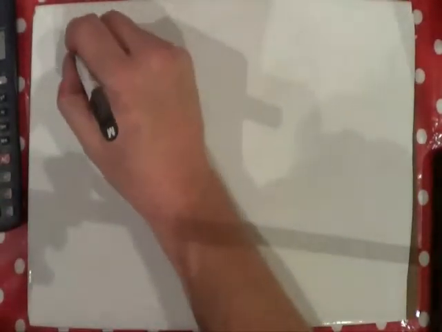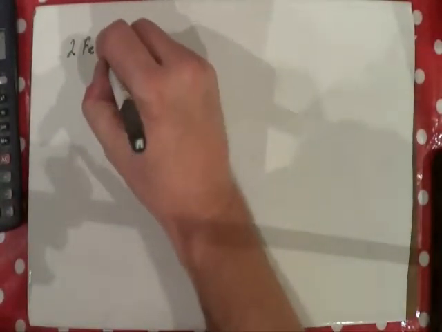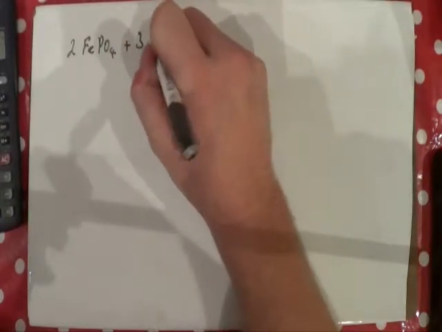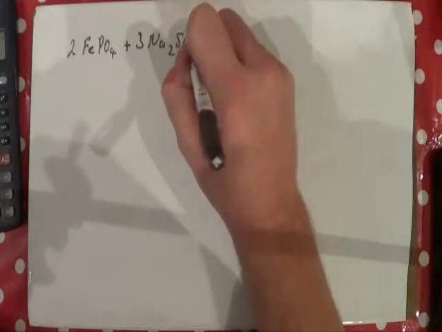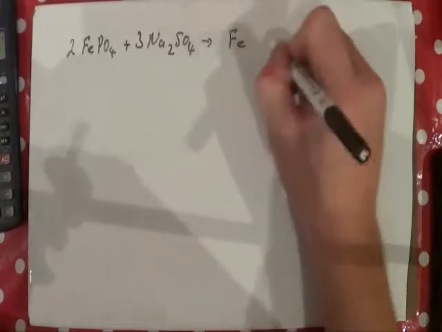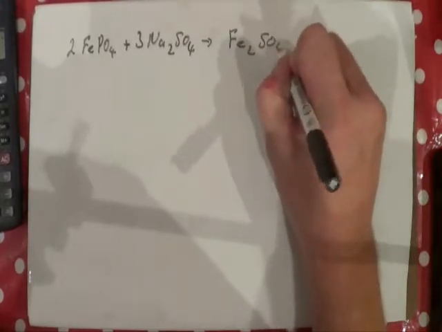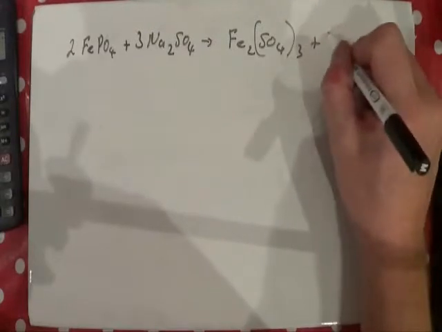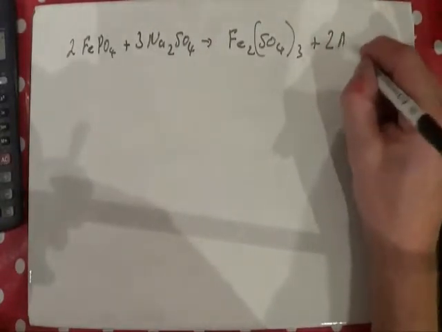Okay, so let's have a look. So we will do 2FePO4, so we've got iron 3 phosphate plus sodium sulfate that we had in the last equation to give us iron 3 sulfate plus sodium phosphate.